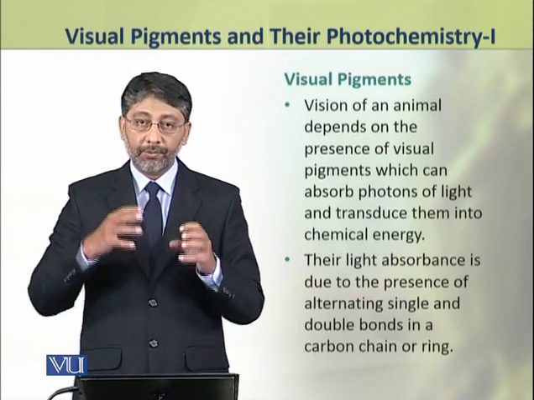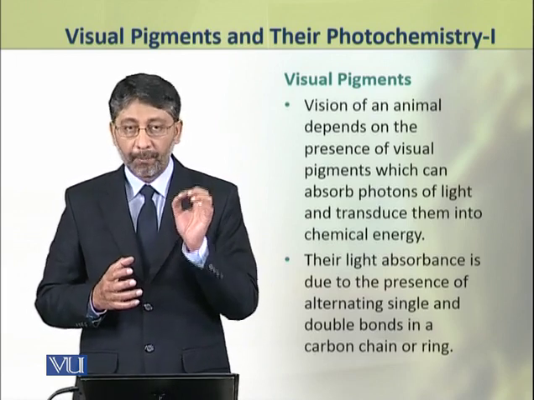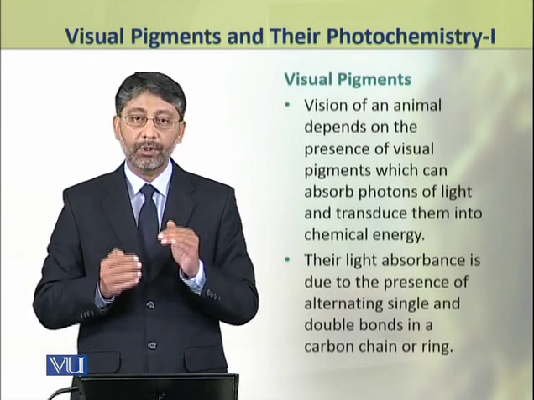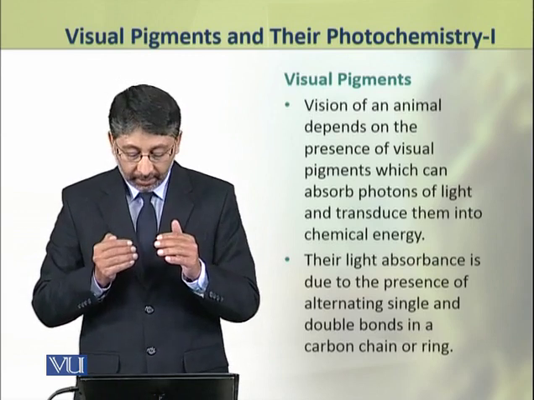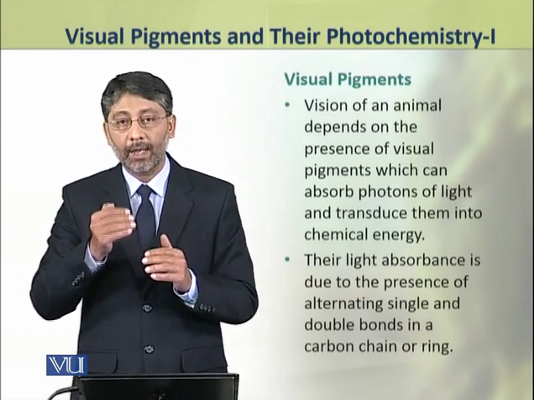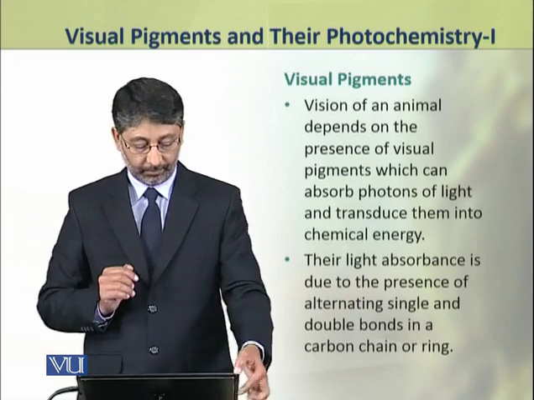The light absorbance capacity of these visual pigments is due to the presence of alternating single and double bonds in a carbon chain or a carbon ring.